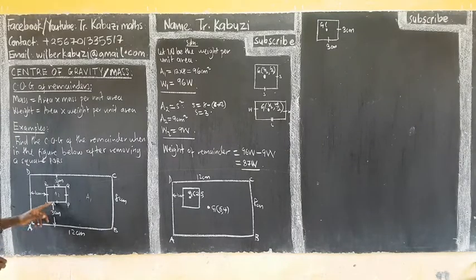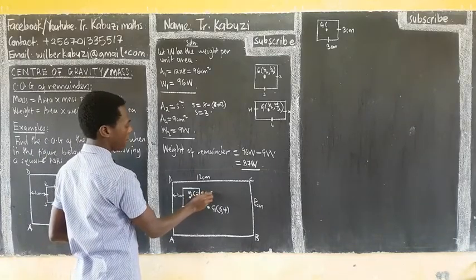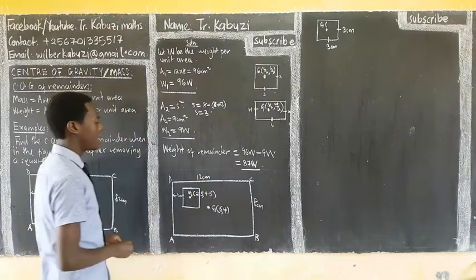What is the distance? From here up to here, there are 3 units. And from here up here, there are 3 also. So when I get a half of this, I'll be getting 1.5. Now from AB up to here, I'll be getting the 3 plus the 1.5, which will give me 4.5, and that will be the center.